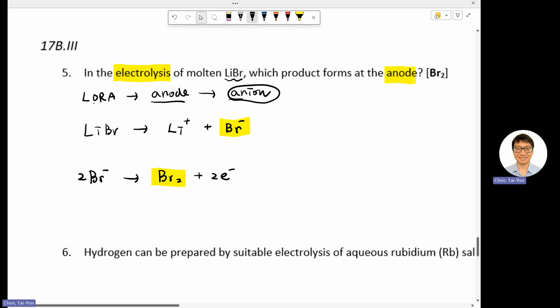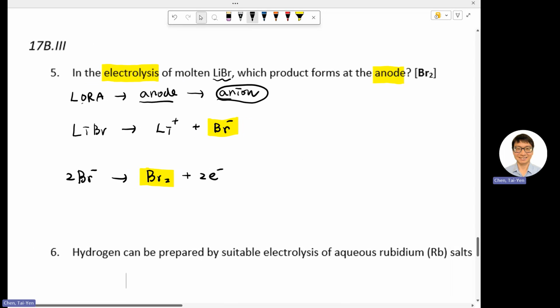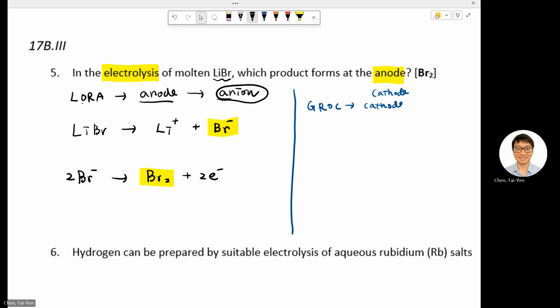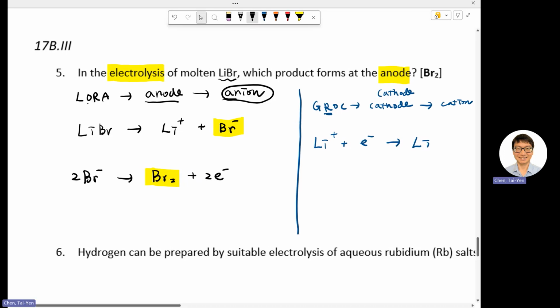If we want to know what product forms at the cathode, then since it's the cathode, it's GROC. Cations go to your cathode, so the thing you care about is Li+. It undergoes a reduction reaction, gaining 1 electron, and becomes lithium solid.